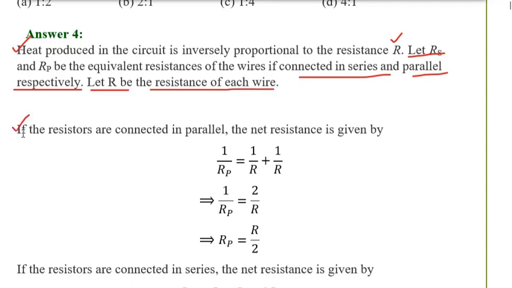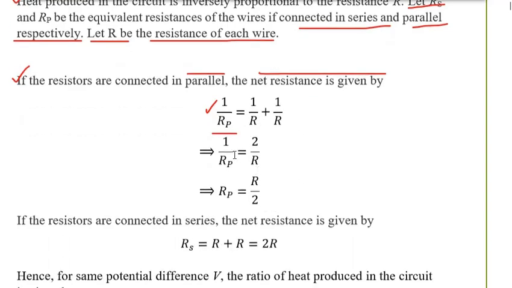If the resistors are connected in parallel, the net resistance is given by 1 by Rp equal to 1 by R plus 1 by R. So 1 by Rp equal to 2 by R, so Rp equal to R by 2. Hope that there is no problem to understand this explanation.